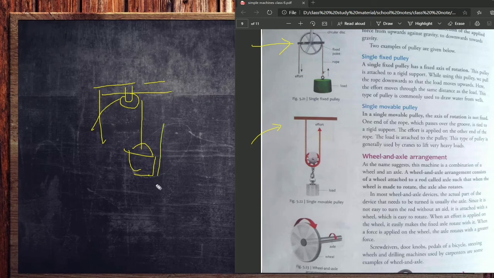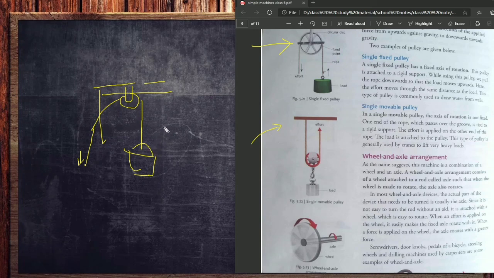See, if you try to pull up the bucket full of water by your hand only, then you will feel you have to put so much energy in. But while you are using this kind of pulley, the work will be very easy, because you are pulling downward, and by this effort your gravity is also helping you. So in this case the energy is quite less compared to normal work. So that is why we use pulley.